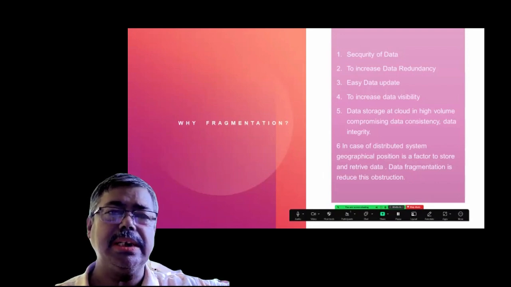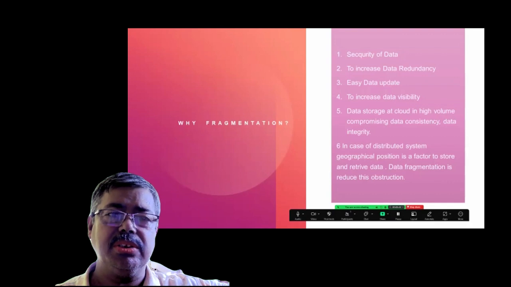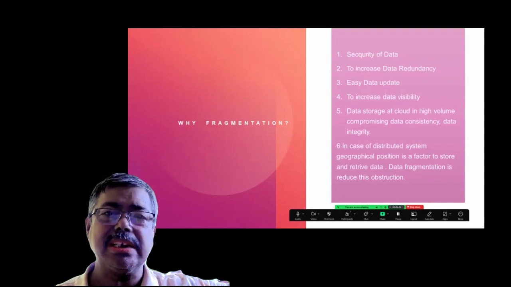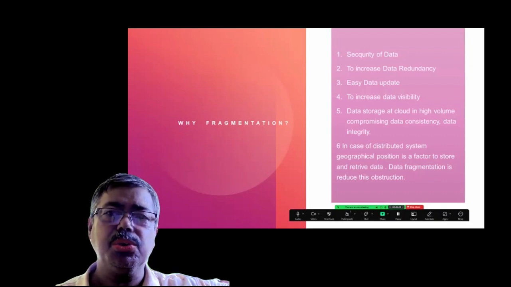Security means when the total database is located at one point, it may crash or be damaged under any circumstances, and the total database may be hampered. But if it is split and shifted to different sites, different locations, there is very little chance of the total database going down.